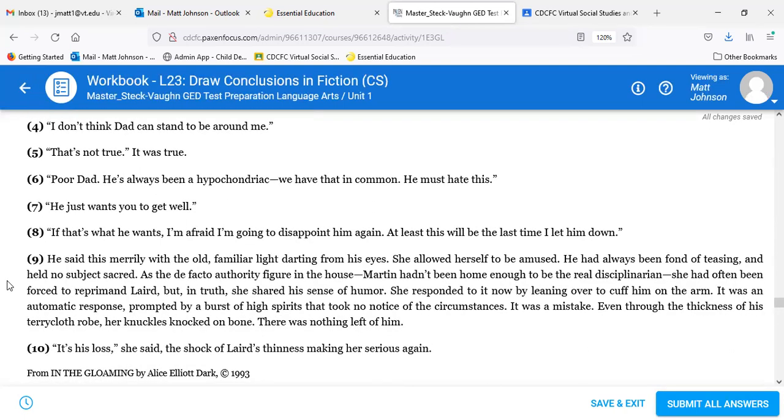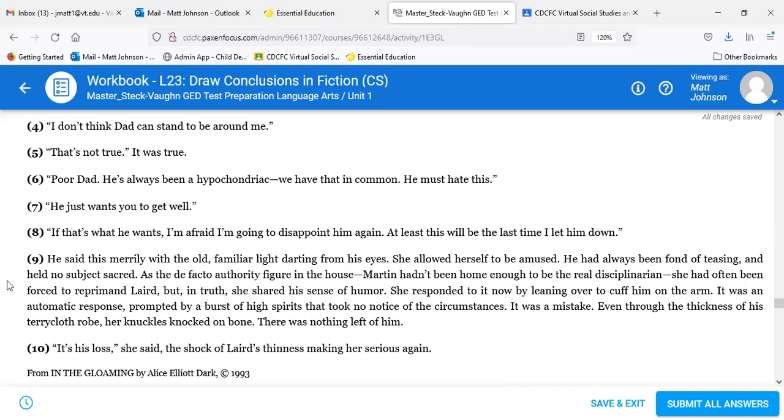He said this merrily with the old familiar light darting from his eyes. She allowed herself to be amused. He had always been fond of teasing and held no subject sacred. As the de facto authority figure in the house, Martin had been home enough to be the real disciplinarian. She had often been forced to reprimand Laird, but in truth, she shared his sense of humor.